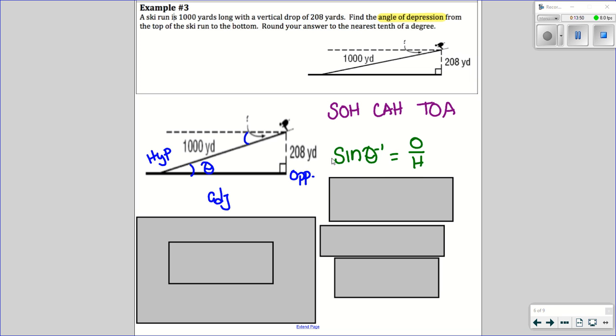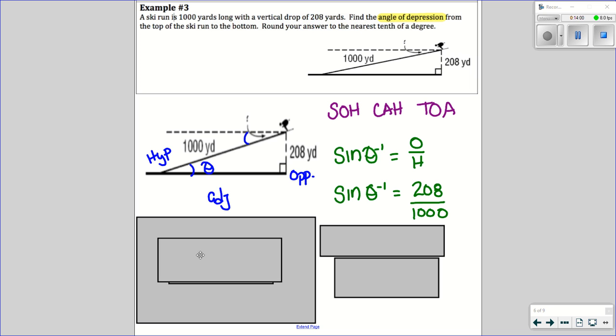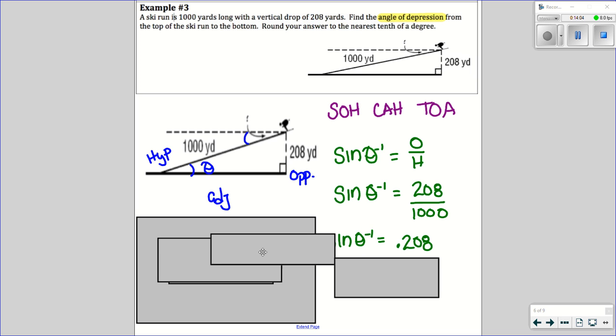Then it'll be the inverse, because again, we're trying to find an angle. So sine inverse of O over H. We plug in all the information they give us: 208 over 1,000. We find the value of that, which will be 0.208.